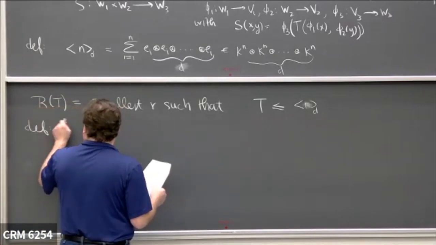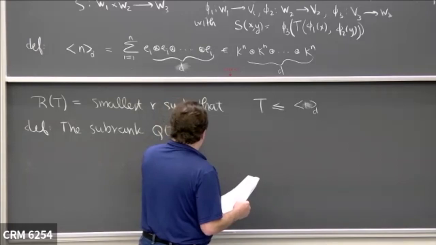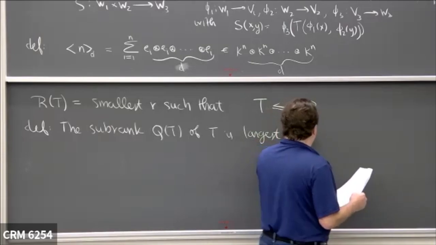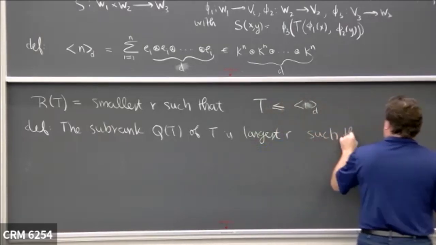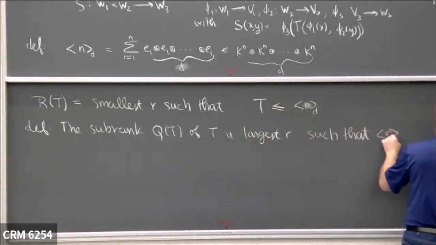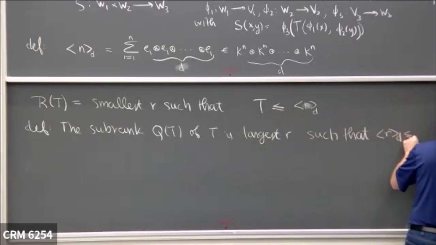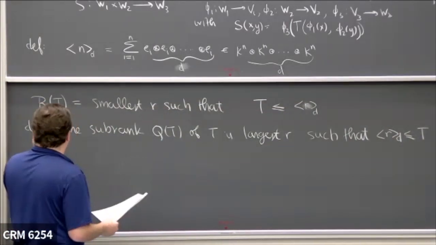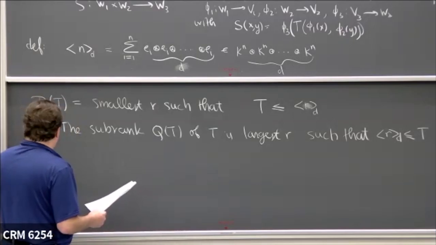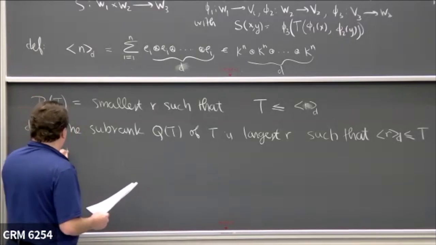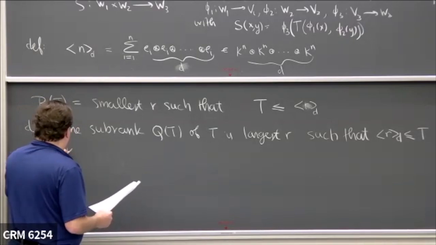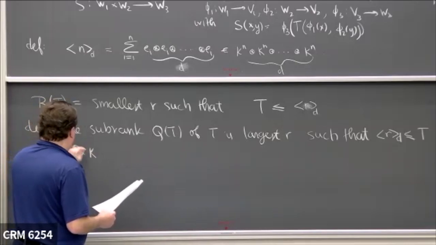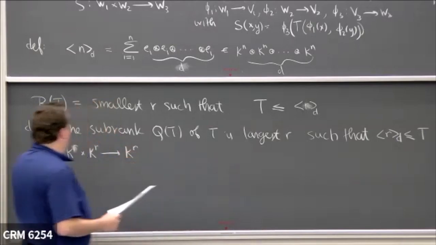This is where the definition of subrank comes in. The subrank of T is the largest R such that the tensor R with index D is less than or equal to T. So again, if you think of this tensor, let me just say R for the moment, you can think of it as a bilinear map.